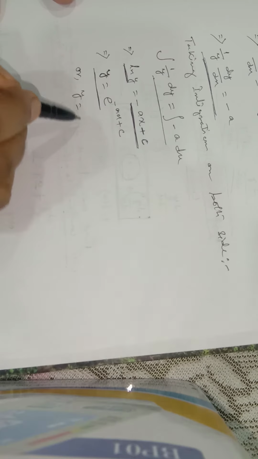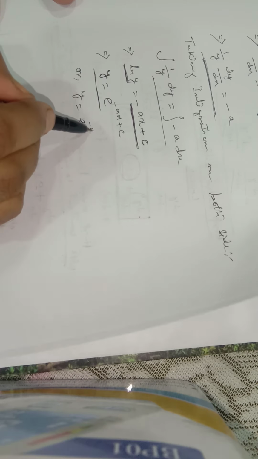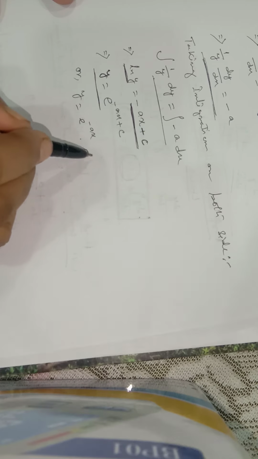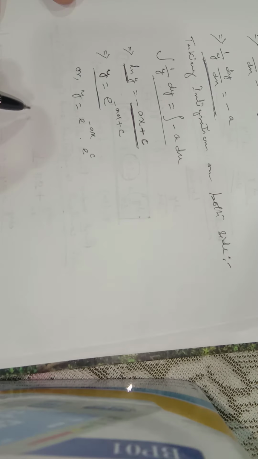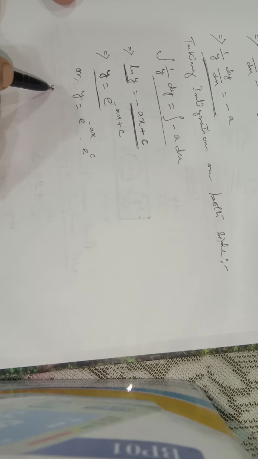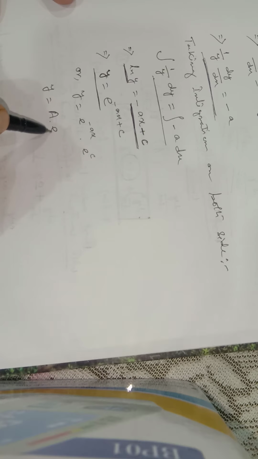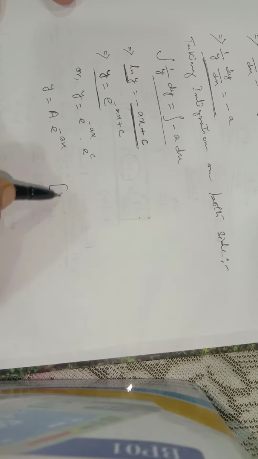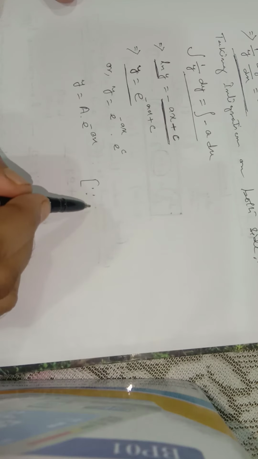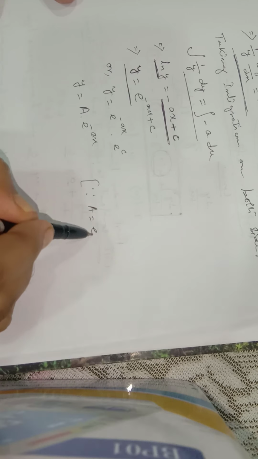Or we can write y is equal to e to the power minus ax into e to the power c, or y is equal to a into e to the power minus ax, where a is equal to e to the power c.